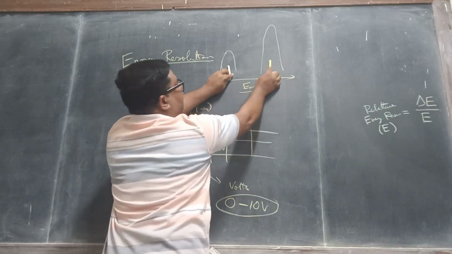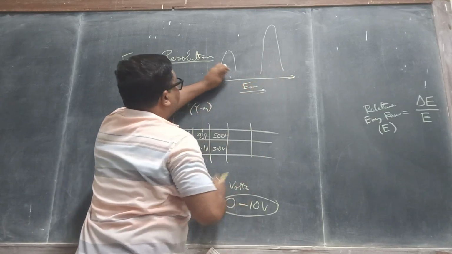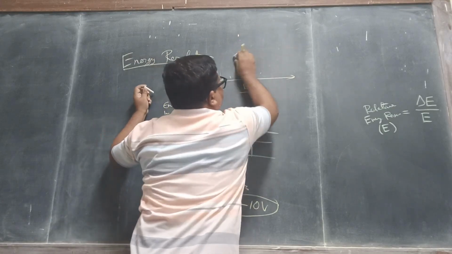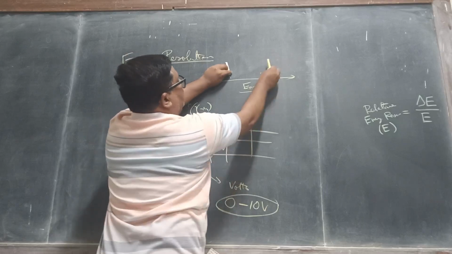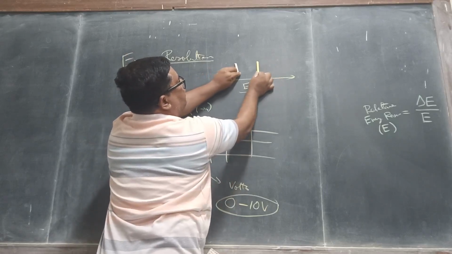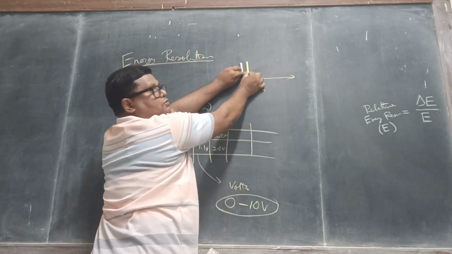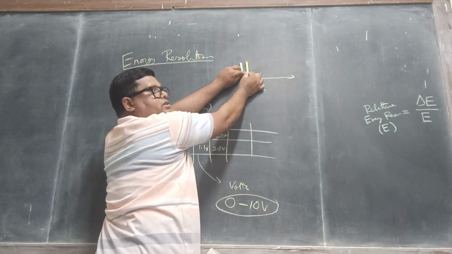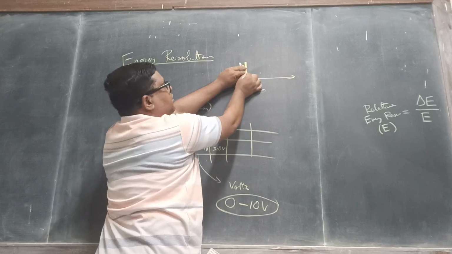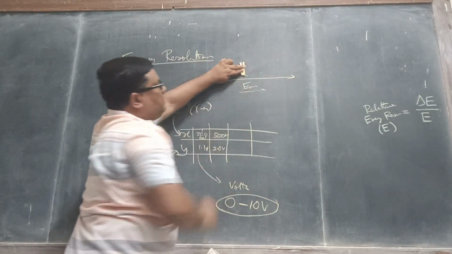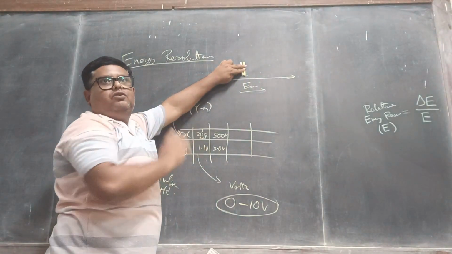Understood? Now suppose I am trying to put the two energies closer and closer. That means I am choosing two gamma ray energies which are very close to each other. Look what is happening here, they are almost close to each other.